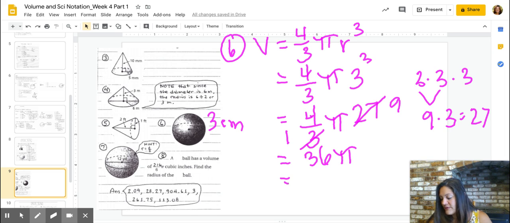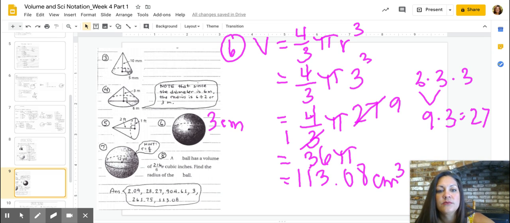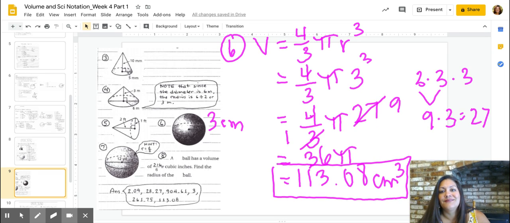we had this before. Or is that when I did my practice? Let's see here. Oh, I didn't work it out earlier. All right, so 36 is 113.08, and this is centimeters cubed. And I know it's here.